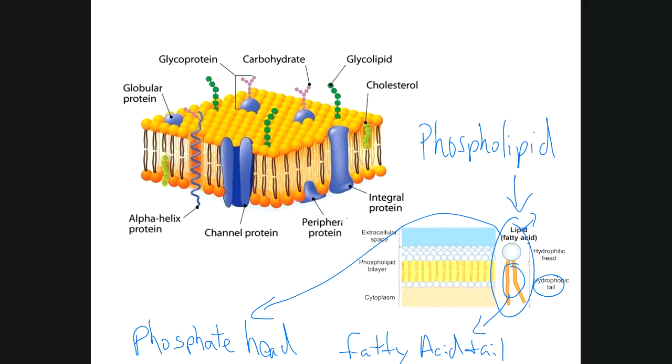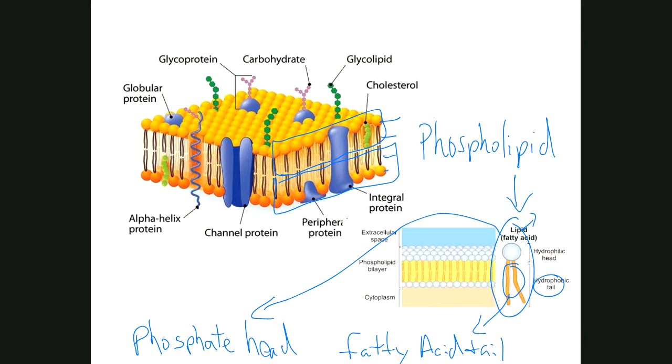So since the inside of the cell is aqueous, kind of filled with water, then you have two layers. Here's one layer, and here is another layer, right? So you have phosphate head, fatty acid tail, or phosphate head again.